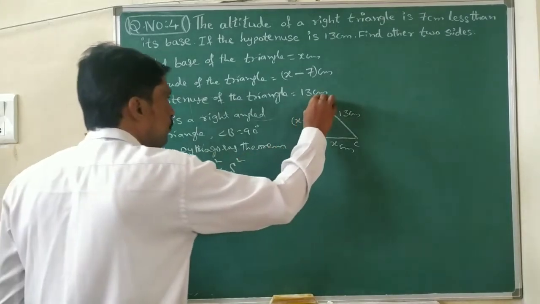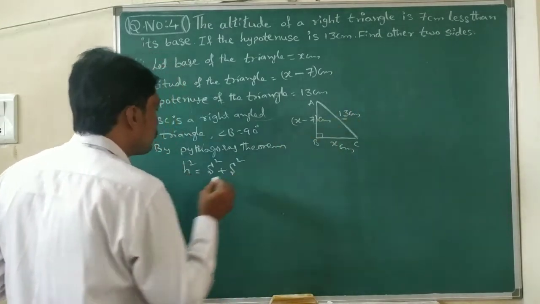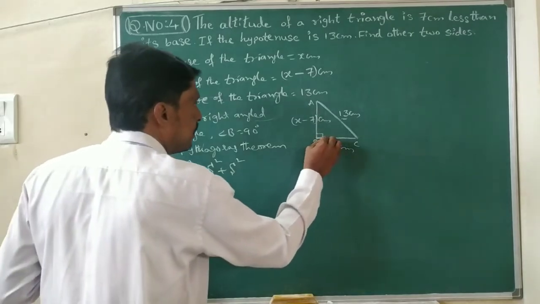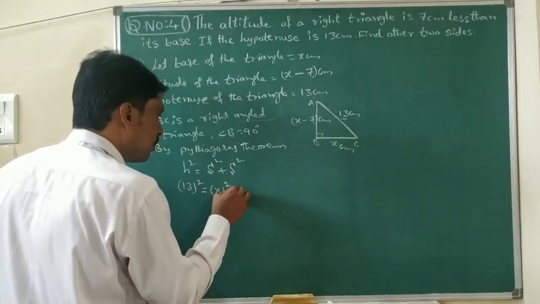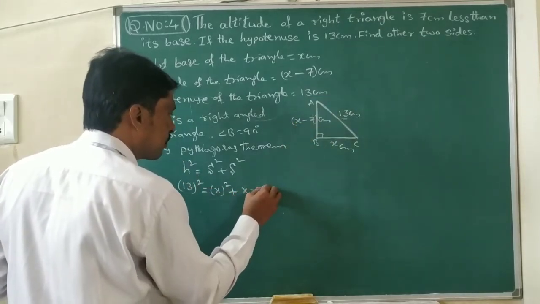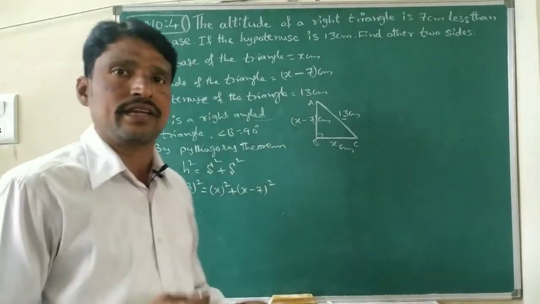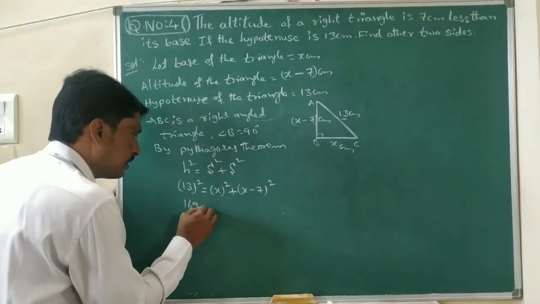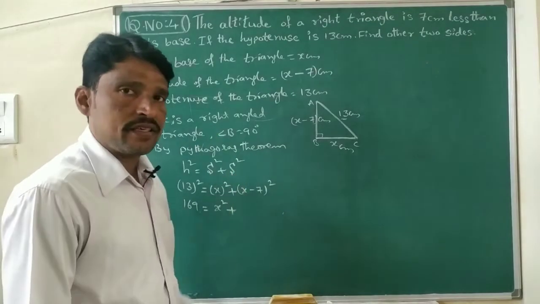AC is the hypotenuse, that is 13 square, equal to one side BC, that is x whole square, plus the other side AB, that is x minus 7 whole square. 13 square means 13 into 13, that is 169, equal to x square plus x minus 7 whole square.